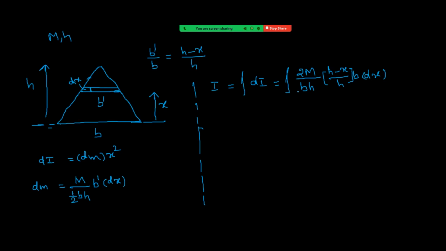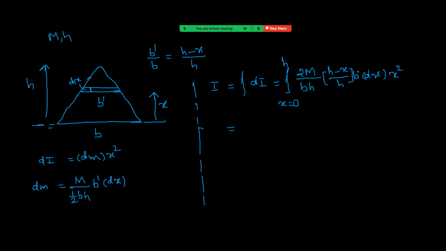This is only dm. So 2m by bh, b dash replaced by h minus x by h into b, dx, into x square. Like this, we take all rods from x equal to 0 up to h.